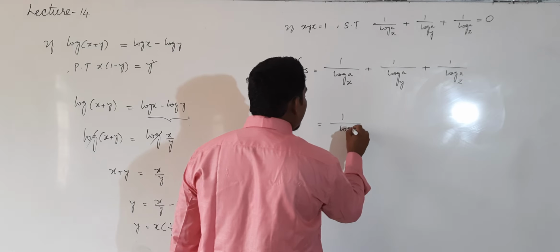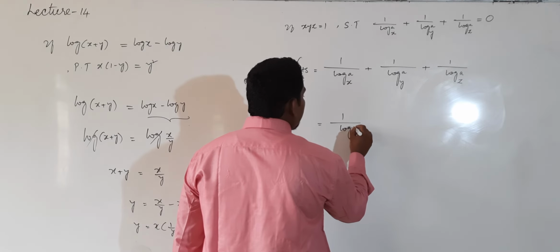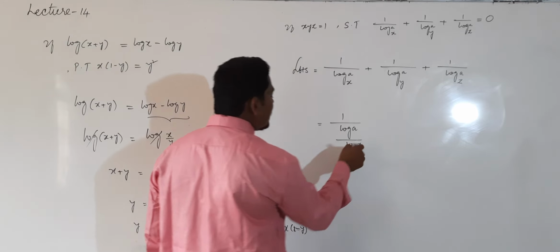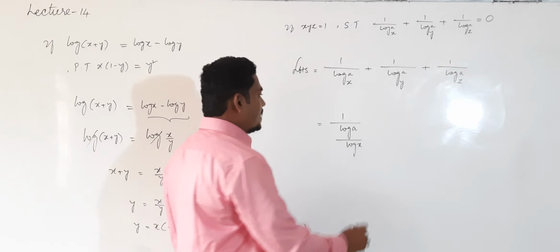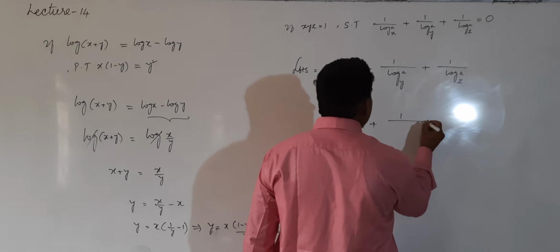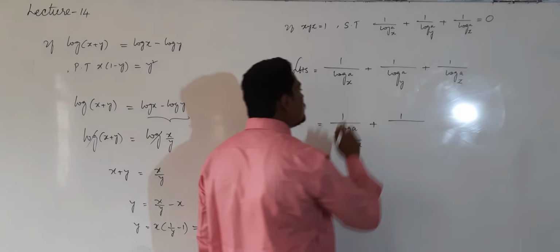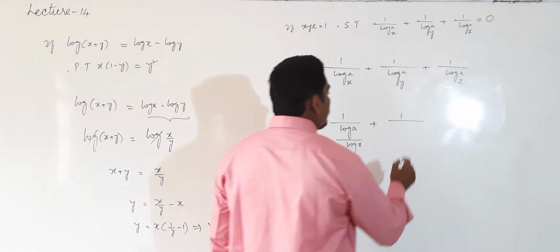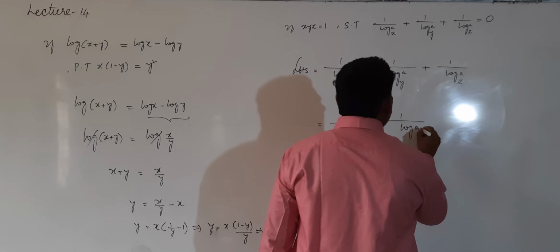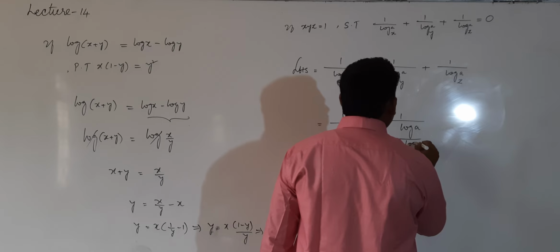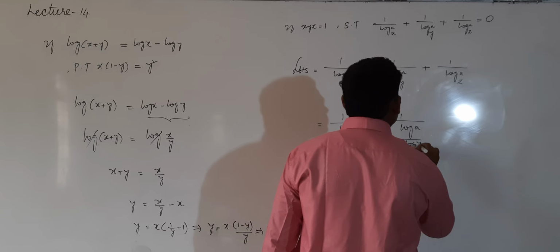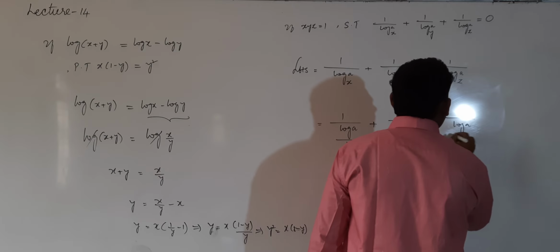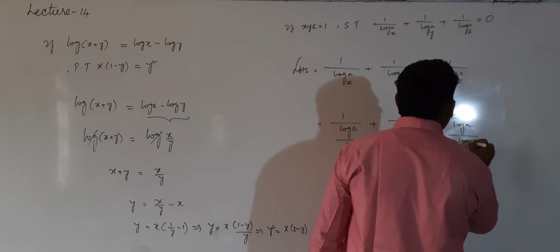I will write log a to the base x as log a divided by log x of same base. Similarly for the next terms use the change of base theorem: 1 divided by log a divided by log y, plus 1 divided by log a divided by log z.